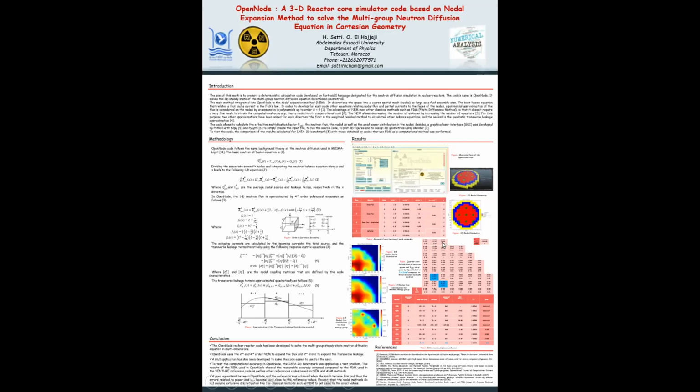These tables are compared to those obtained by the finite difference method. According to this table, the highest error related to the power distribution in the core is 0.43, whereas the lowest value is 0. And this also approves this result.